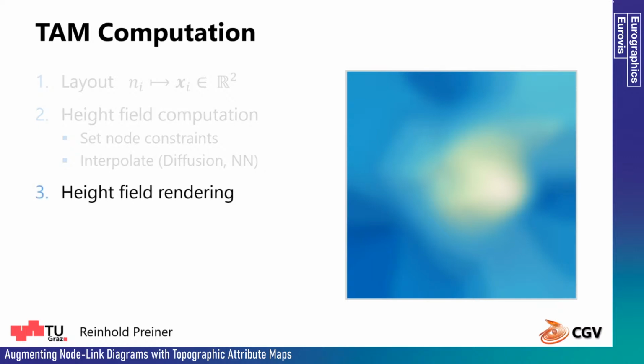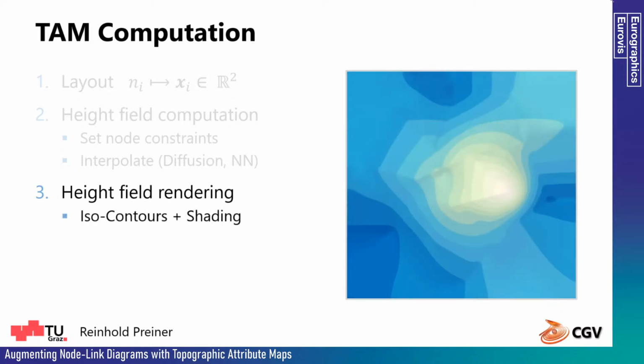Then in the third step, the height field is rendered in the style of a topographic map. That means we map attribute values to a discretized or banded color scale and show isocontours of the height field and apply Lambert shading to obtain a three-dimensional appearance. And finally, we also place height indicators onto the map.